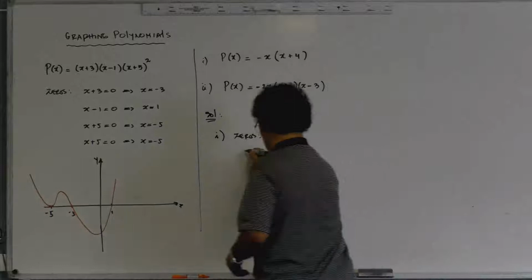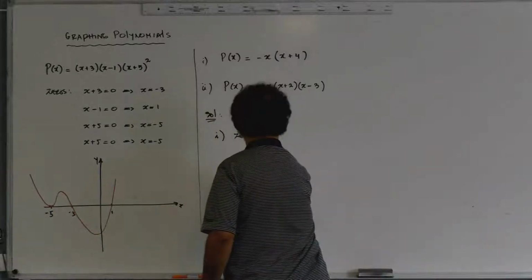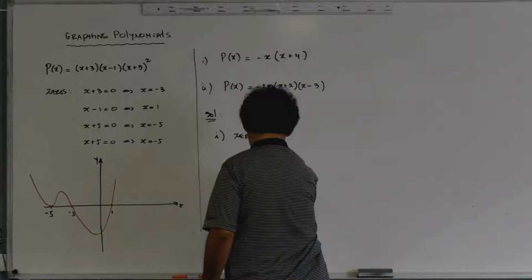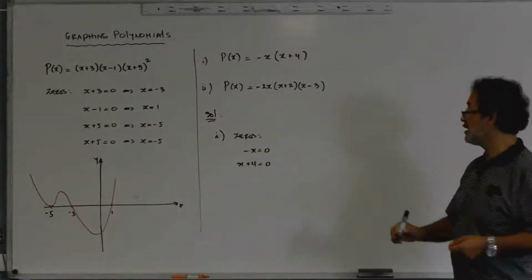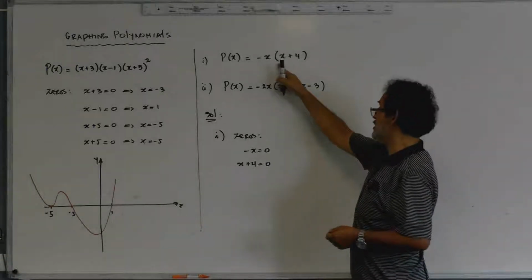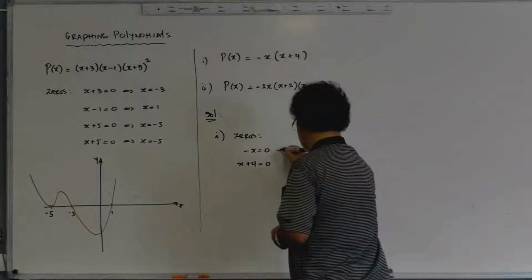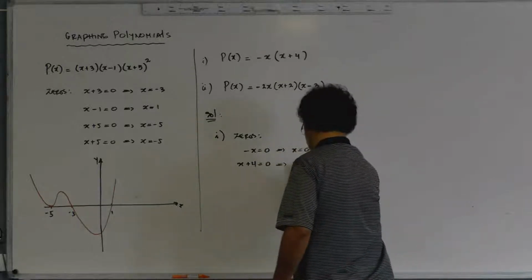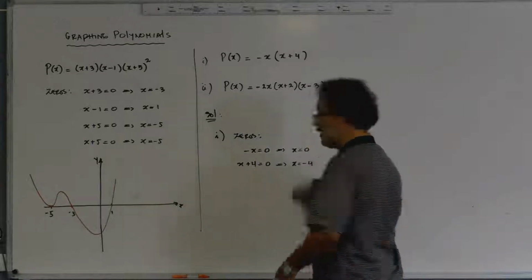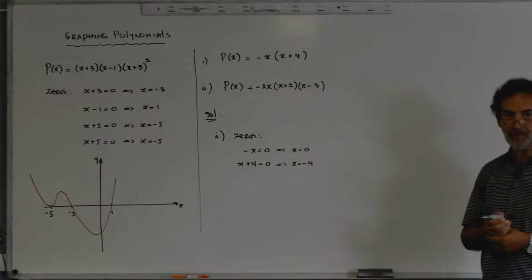So we say minus x equals 0, and x plus 4 equals 0. Therefore, this is simply x equals 0, and this one is negative 4. Okay, so we have 2 of them.